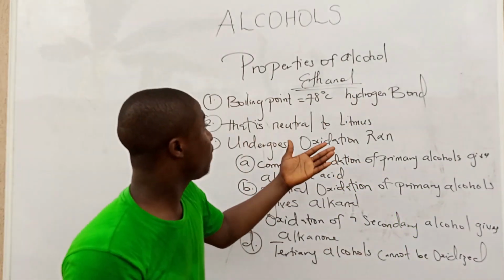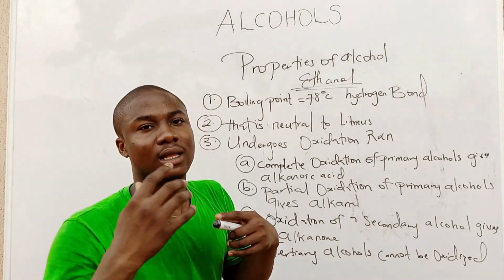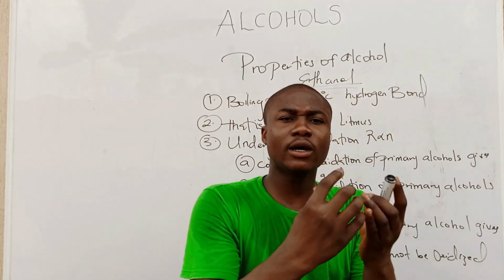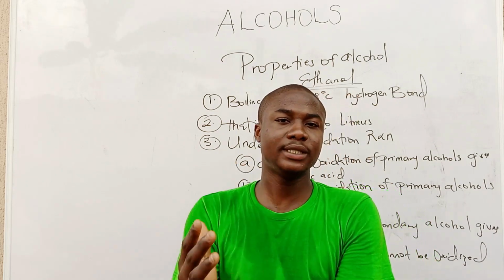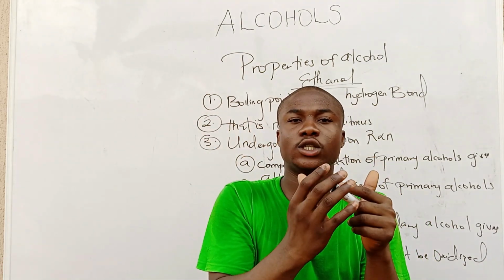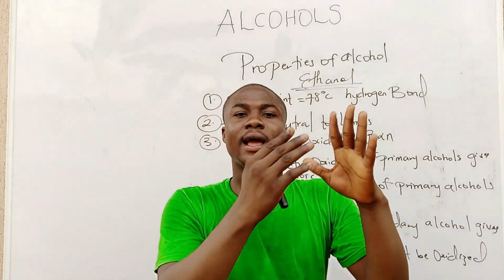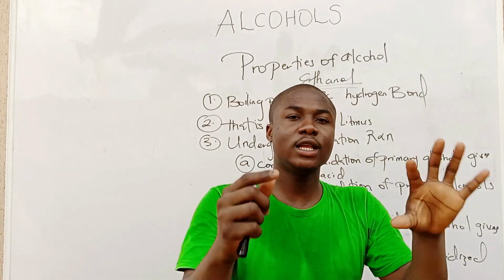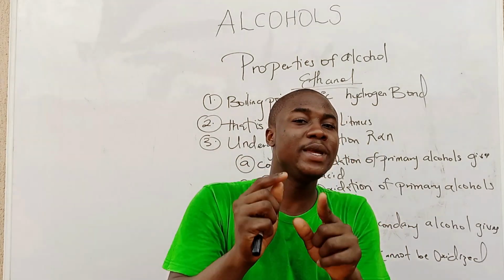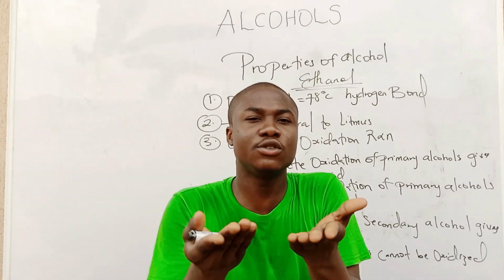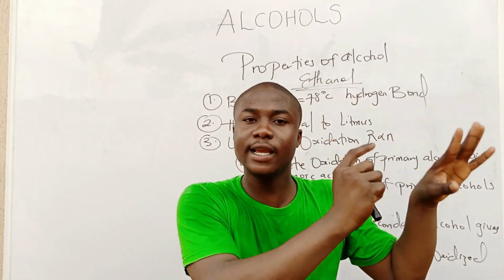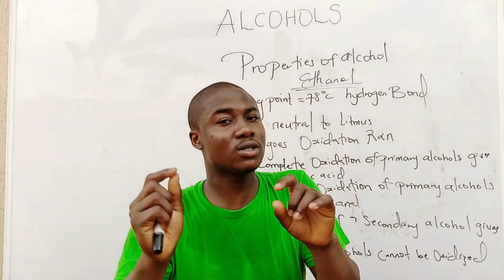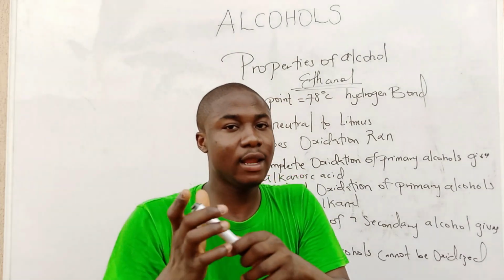Other properties of alcohols is that alcohols undergo dehydration. The first dehydration reaction of alcohol is when an alcohol is being dehydrated. Dehydration simply means removal of water. Using a catalyst, concentrated H2SO4, it gives us an alkene.